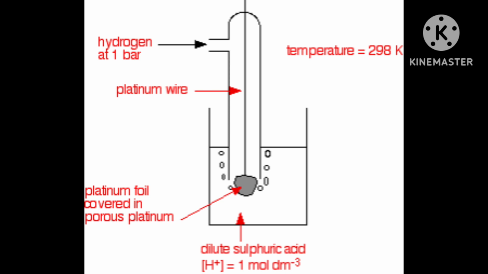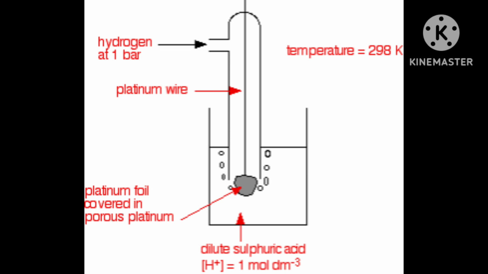The standard hydrogen electrode will decide. That's why it is called primary reference electrode. In respect of the SHE, other electrodes will have some value. How? Now I am telling you.